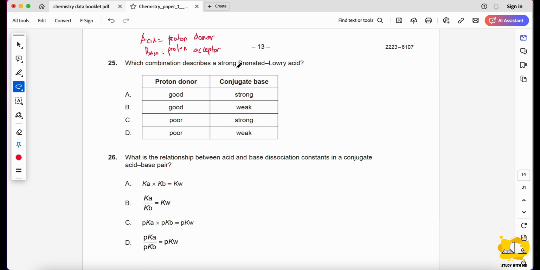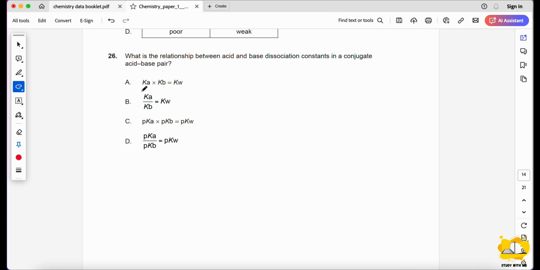So if we make the equation, CH3COOH plus H2O will produce CH3COO- and H3O+. So this is the acid and this is the conjugate base. CH3COOH and CH3COO- is a conjugate acid-base pair. The conjugate base here is considered weak as it is less likely to readily accept a proton in solution. Therefore, the answer will be B.